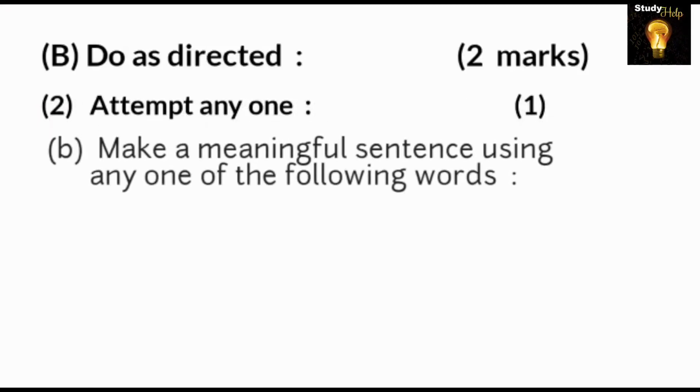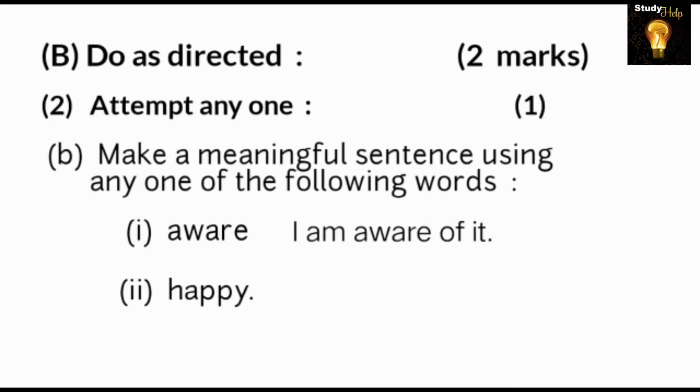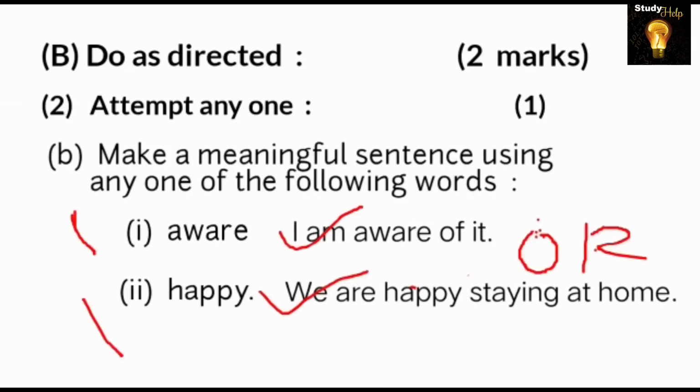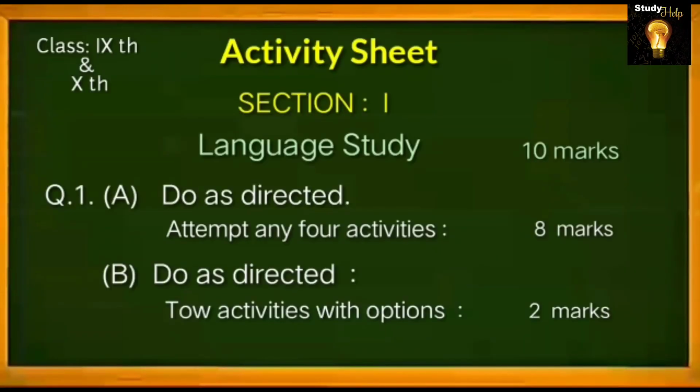The second activity again, make a meaningful sentence using any one of the following words. The same words which were in the previous activity will be there. Here, aware, I am aware of it, and happy, we are happy staying at home. Any other correct sentences will be accepted.